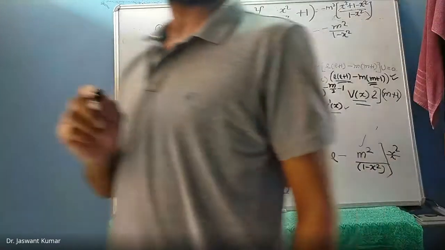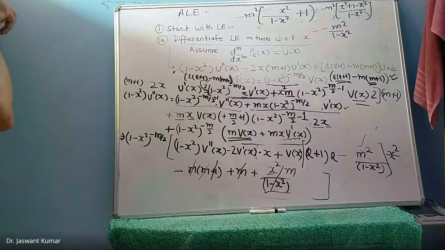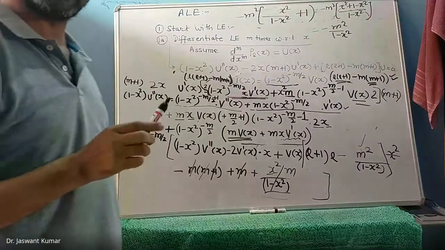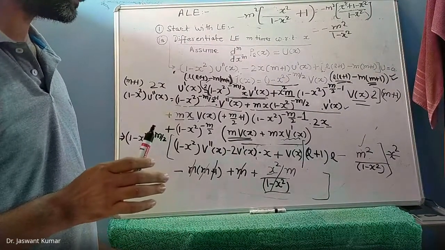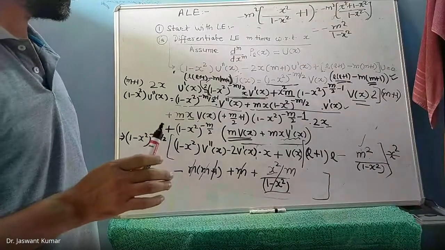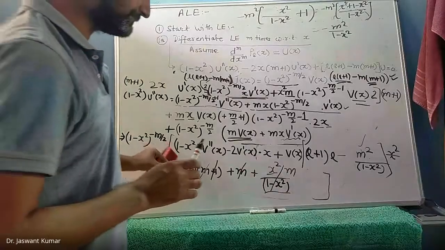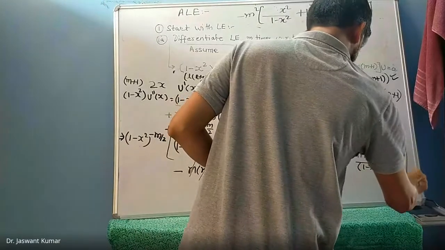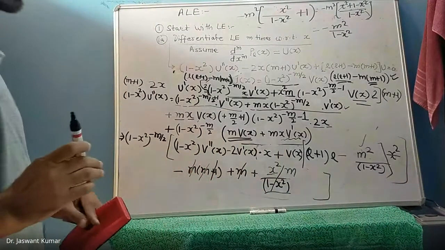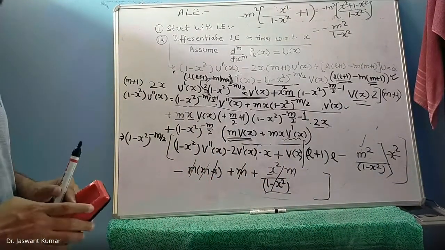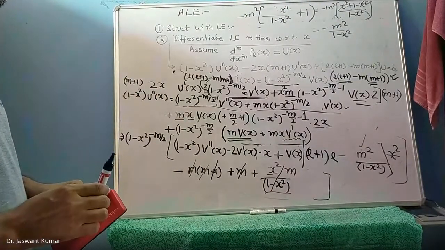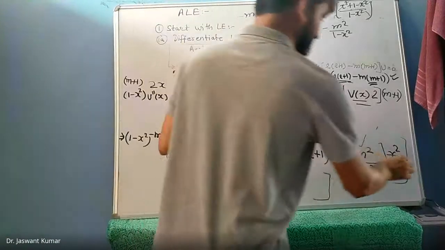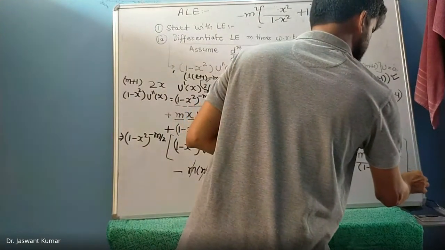Is everyone okay with this? Then the first bigger bracket goes over here. Is it okay with everyone, this equation? This whole thing was equal to 0. So this whole thing is equal to 0.